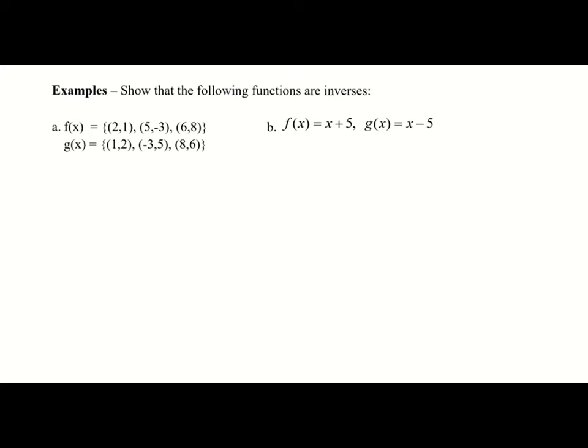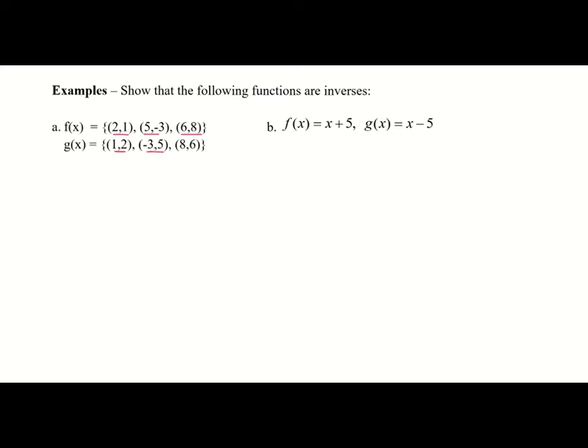Here they're asking us to prove that these are inverses of each other. The first thing we're going to do with A is we have a set of ordered pairs. For f of x, the first ordered pair is 2, 1, then we have 5, -3, and 6, 8. With ordered pairs, remember the x and y values should be switched. So for g of x, instead of 2, 1, I have 1, 2.